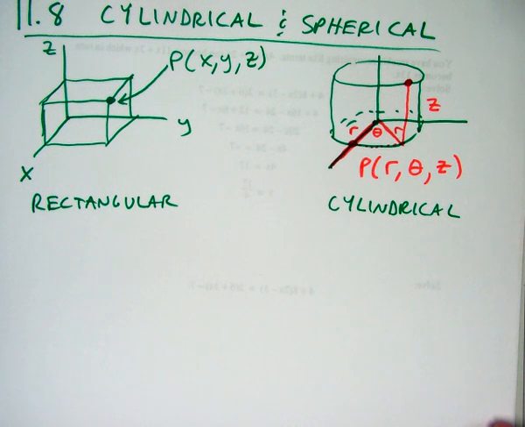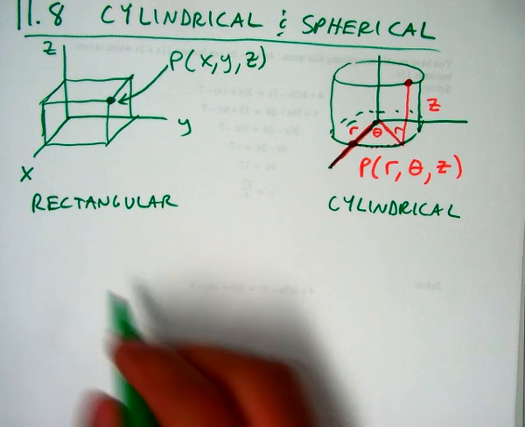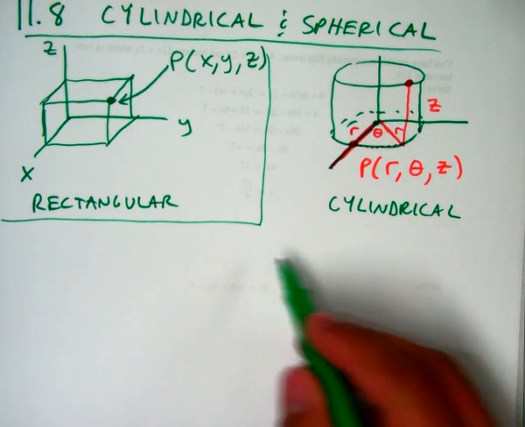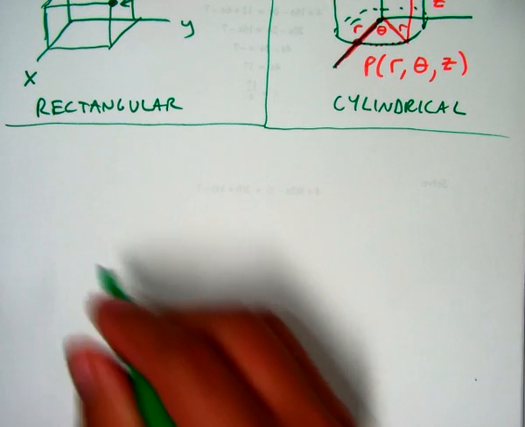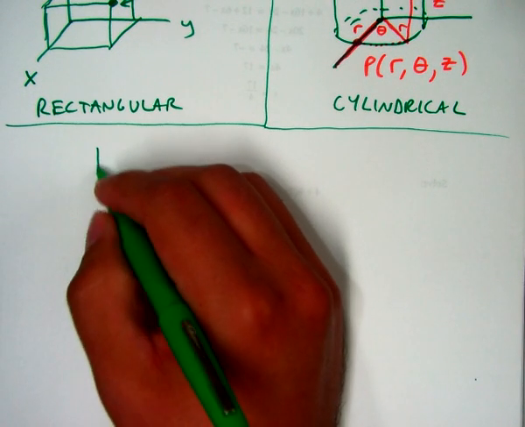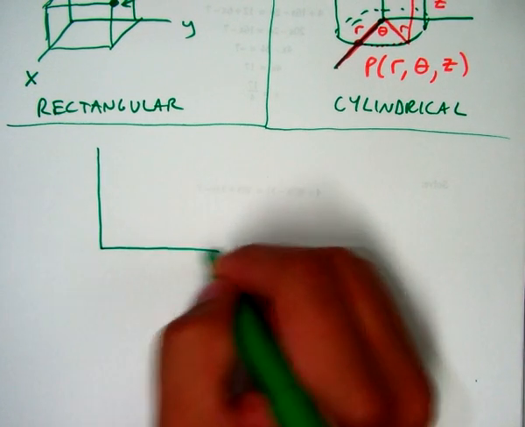Spherical. So this is rectangular. This is cylindrical. Let's see if we can draw. So what I'm going to do is try my best to draw the part of the sphere that we need.